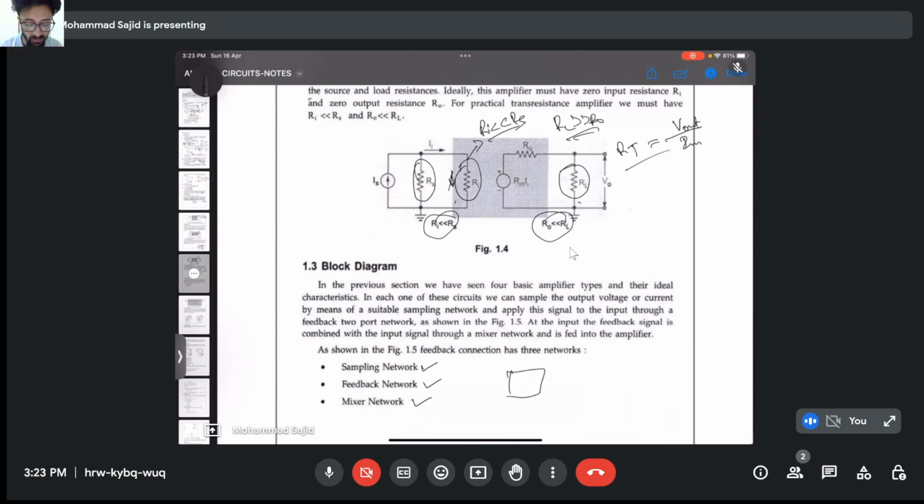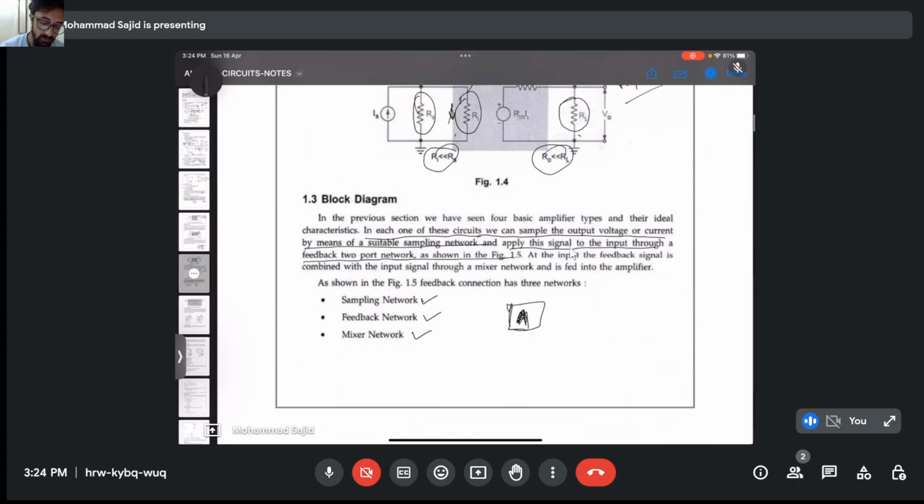And we have the amplifier, which can be a current amplifier, voltage amplifier, transresistance amplifier, or transconductance amplifier. In each of these circuits, we can sample the output voltage or current by means of a suitable sampling network. The sampling network will give us either voltage or current, and we apply this signal to the input through a feedback two-port network as shown in figure 1.2.